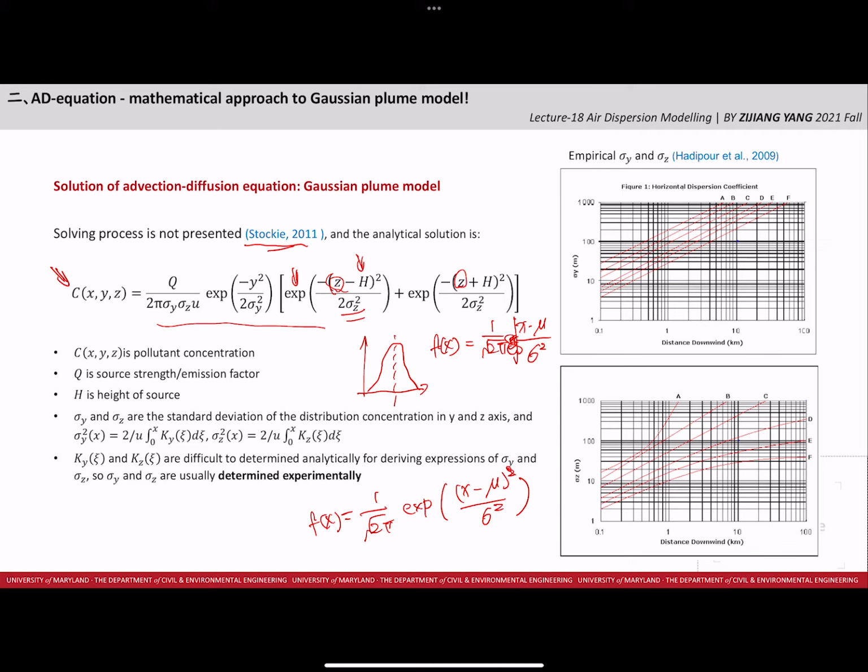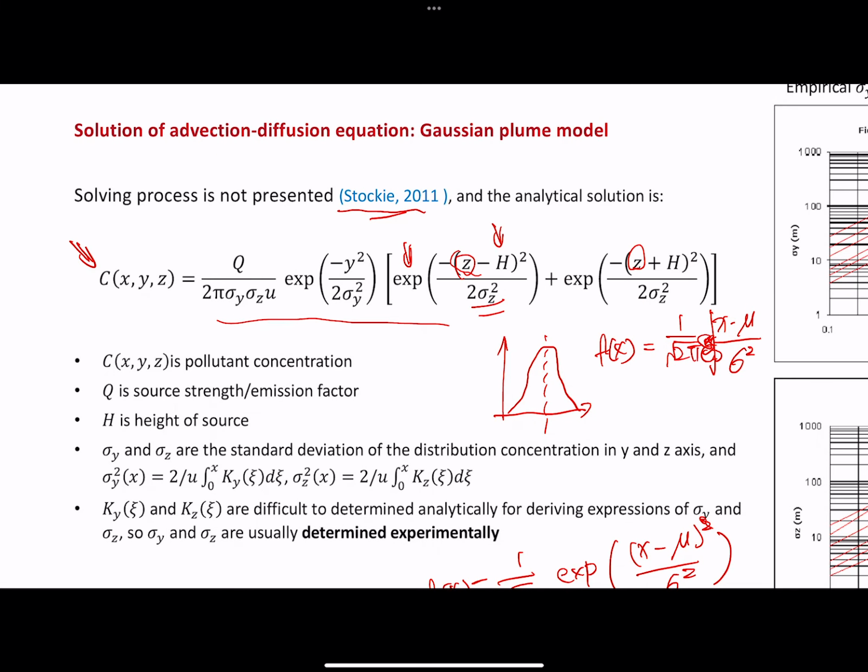To apply this equation, we know that Q refers to the emission rate, which we can measure before the experiment. Pi, we know its value. And x, y, z are the variables. The height refers to the height of the source. So from the ground, we have the stack, and it will emit the pollutant, so it refers to the height of the emission.